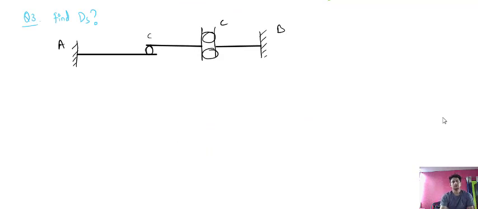So in the third numerical, we need to find the degree of static indeterminacy of this beam. In this case, this is a fixed support. So the number of reactions at this support will be 3 and at this support will be 3. So the value of external reactions is 6. Okay, so this is the internal roller.